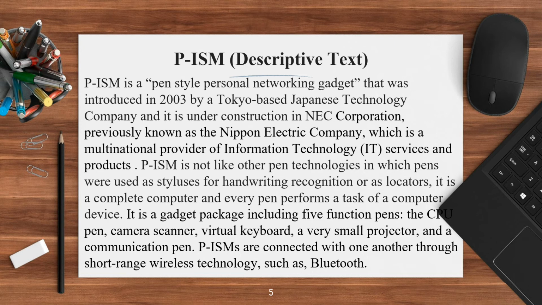P-ism is not like other pen technologies in which pens were used as styluses for handwriting recognition or as locators. It is a complete computer and every pen performs a task of a computer device. It is a gadget package including 5 function pens: the CPU pen, camera scanner, virtual keyboard, a very small projector, and a communication pen. P-isms are connected with one another through short-range wireless technology such as Bluetooth.